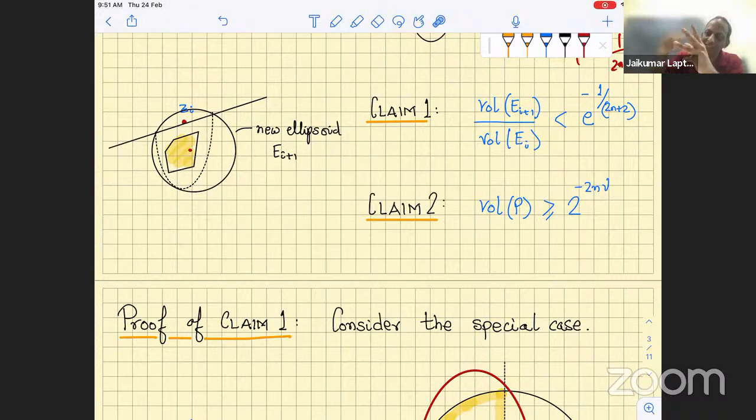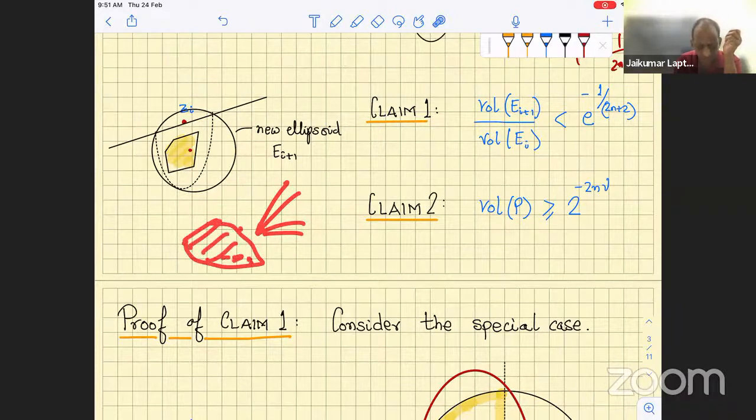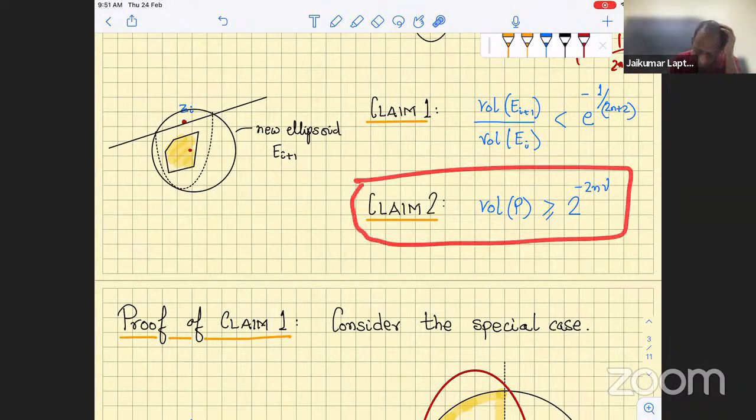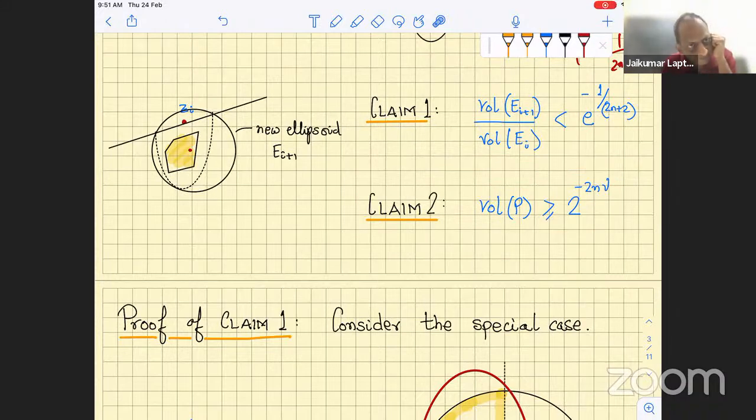But what we are interested in is not the parallelepiped, but the simplex generated by those linearly independent vectors. It turns out that this volume is 1 over n factorial times the volume of the parallelepiped. This is something you should imagine and check. So all in all, we get a lower bound on the volume of the polytope. Good.